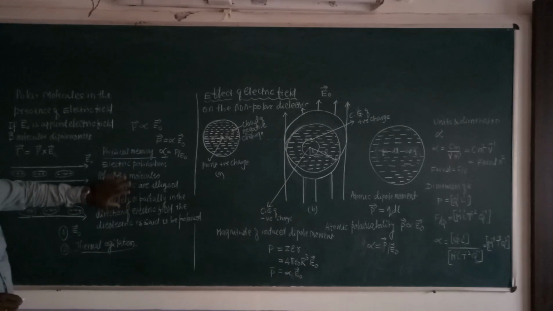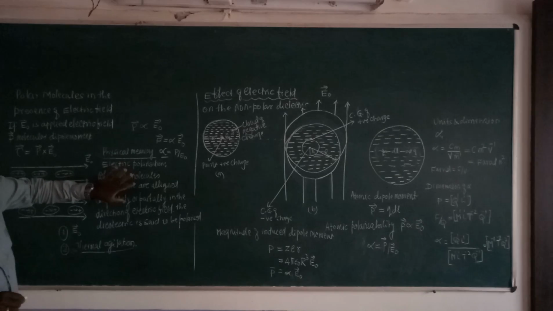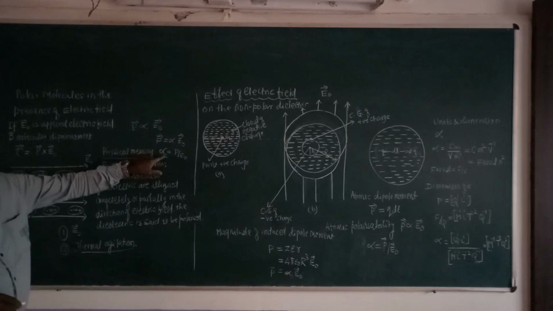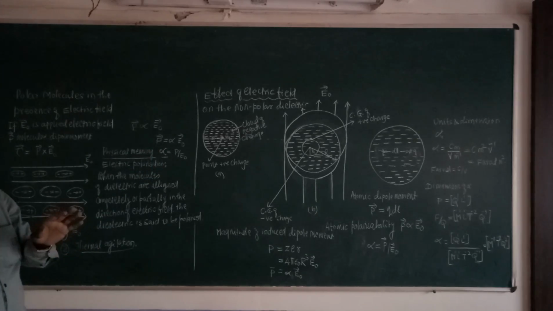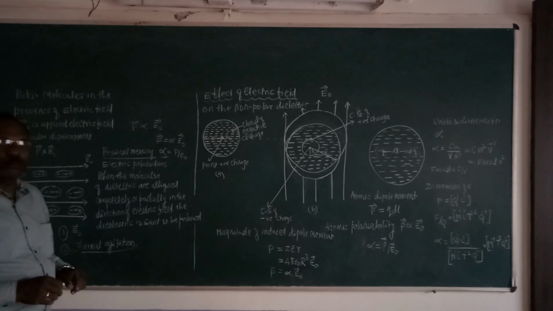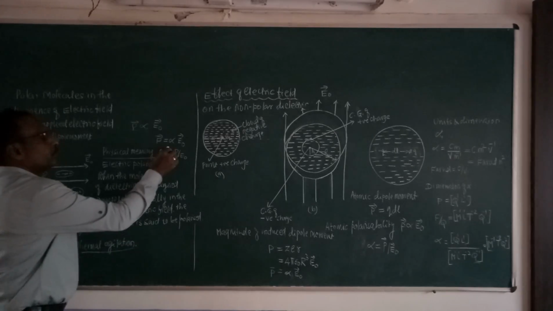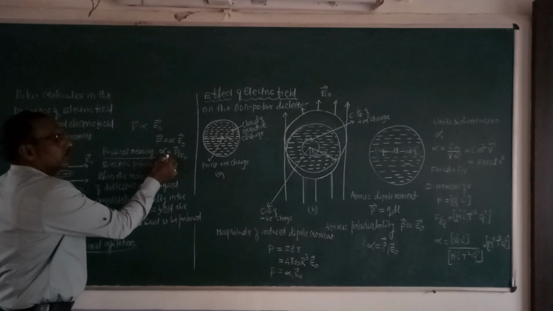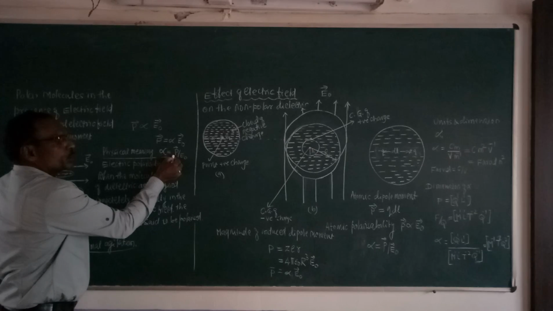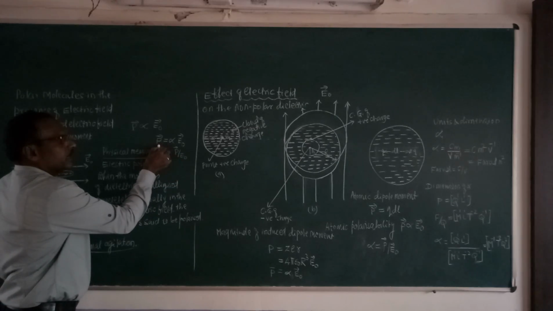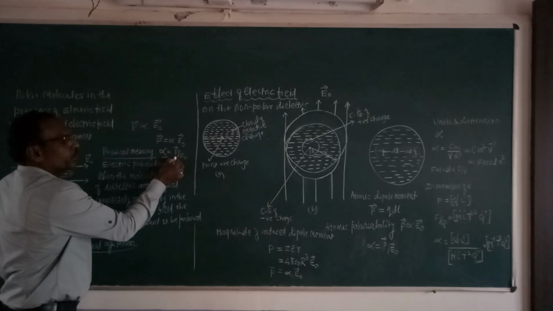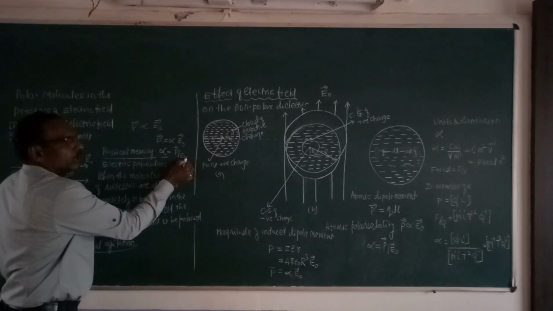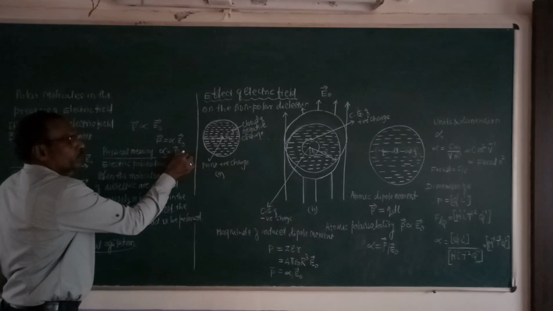When we study this at atomic level, it is called atomic polarizability. Atomic polarizability of a dielectric material is defined as its electric polarization, or the dipole moment per unit strength of electric field.